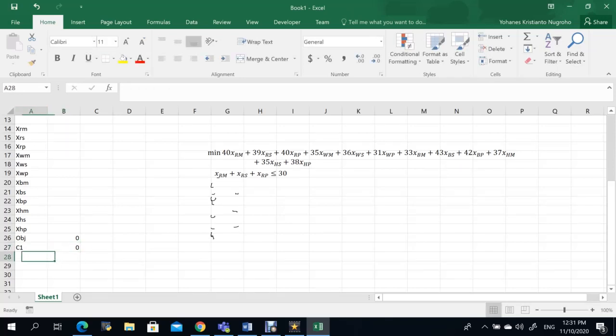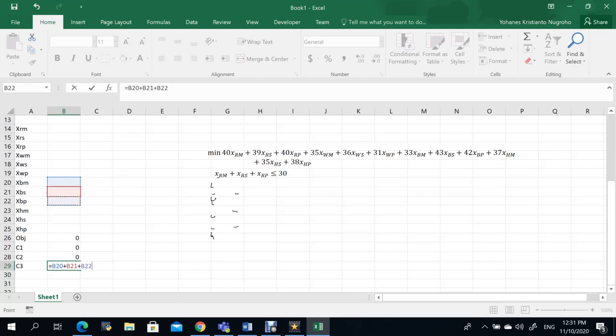Okay, constraint number 2 should be XWM plus WS plus WP. Constraint number 3 is equal to XPM plus PS plus PP. Okay, constraint number 4, it is equal to XHM plus HS plus HP.